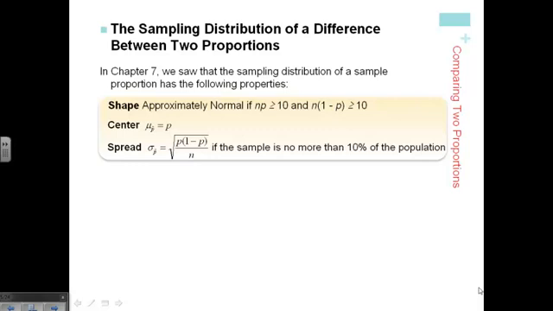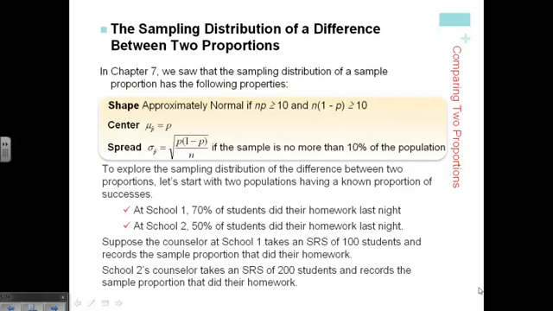So about the distribution of sample proportion, we know a great deal. But let's talk about what would happen if I knew the population proportion for a couple of different populations and I did repeated draws. So let's pretend there's a school, call it School 1, in which the students do their homework 70% of the time.